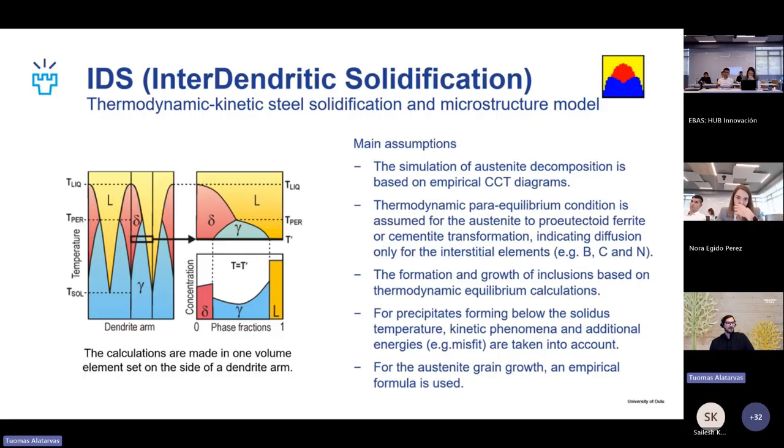So, for example, alumina inclusions or calcium sulfides, which can be present already in the liquid melt. But for precipitates that are forming below the solidus temperature, kinetics are also taken into account. And for the austenite grain growth, an empirical formula is used.